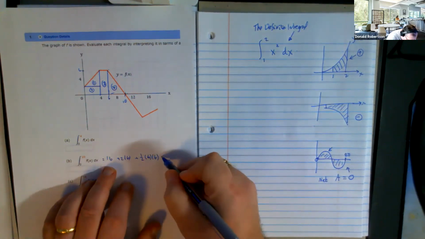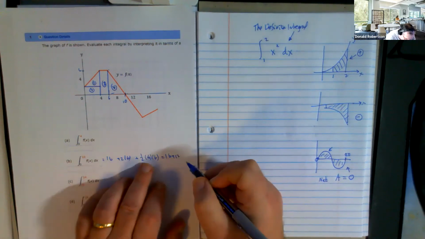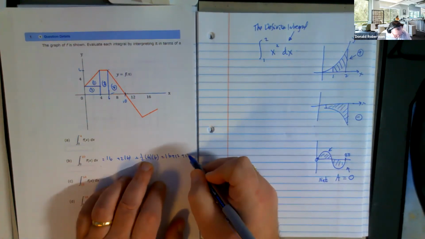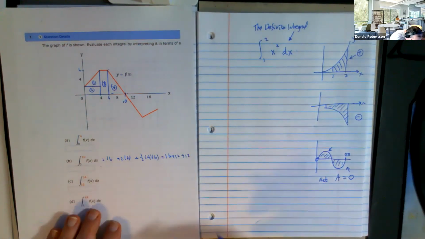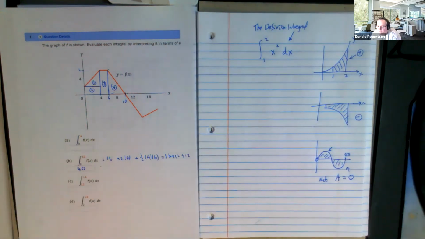What does that get me? That gets me 16, add 12, add 12. And I believe the answer is 40. Any questions about that, or does this seem relatively straightforward?